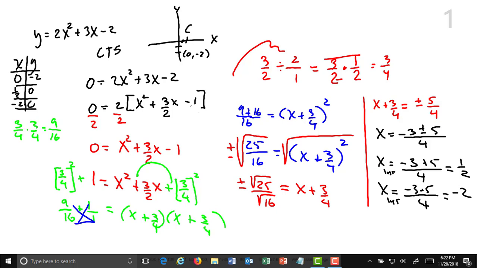So that's going to be 1/2, comma, 0. And then over here, that's going to be a minus 2. So this is going to be a minus 2, comma, 0, yes? And if I connect my points, I know that it has to come through here and go through the y-intercept, and at some point it has to turn back up to go through that next.